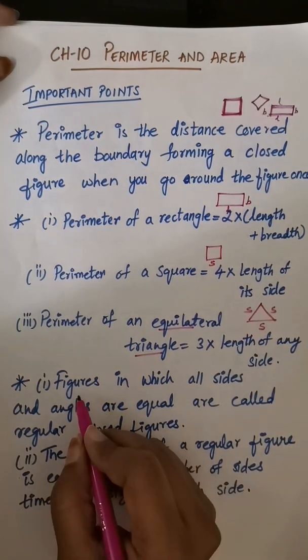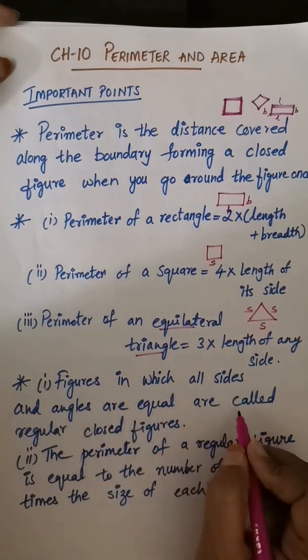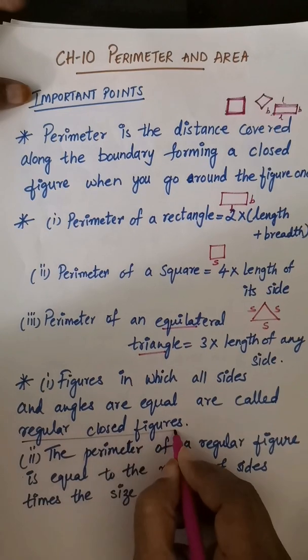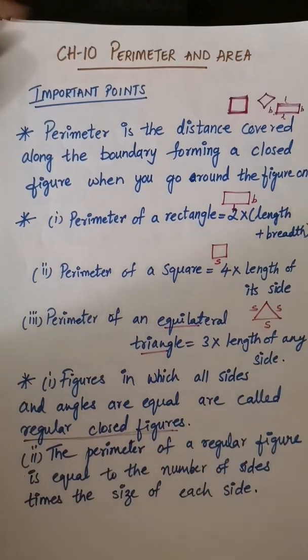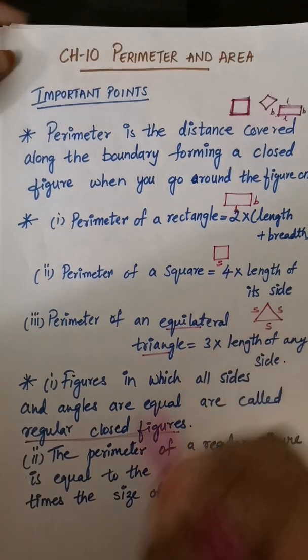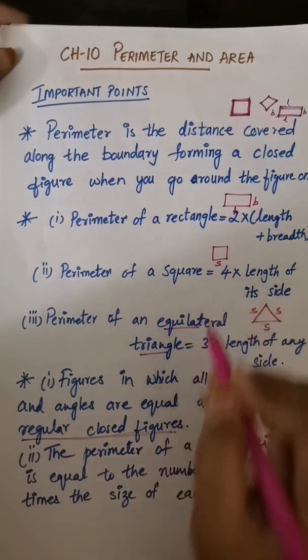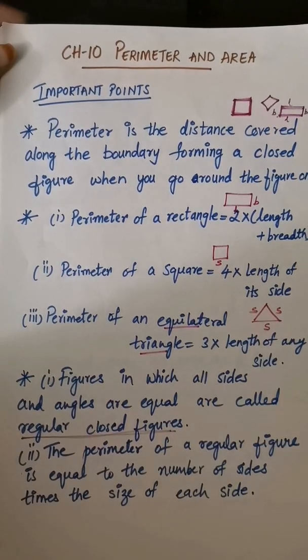Figures in which all sides and angles are equal are called regular closed figures. Like, for example, an equilateral triangle. For example, a square, in which all sides and angles are equal.